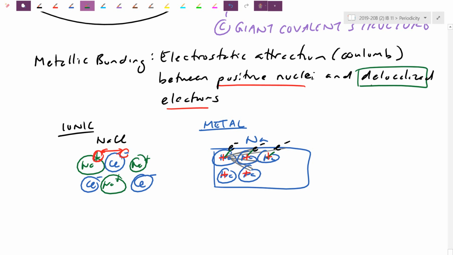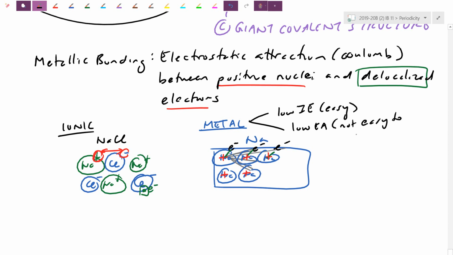A localized electron would be an electron where you can really put your finger on it. That's where the electron is. We're going to see more so in chapter 4. Because atoms tend to have a very large radius, metals tend to have very low ionization energy. It's really easy to remove the electron, but they have a very low EA as well. Not easy to regain the electron.